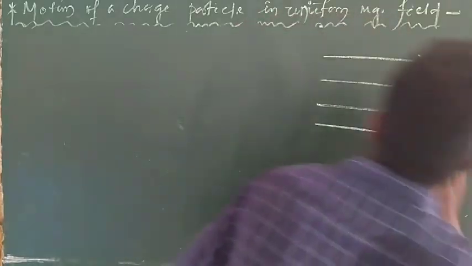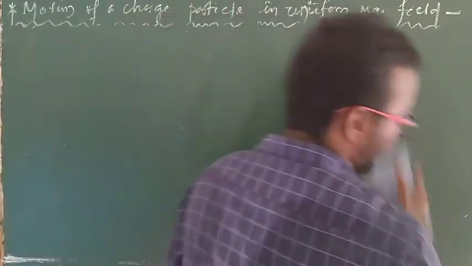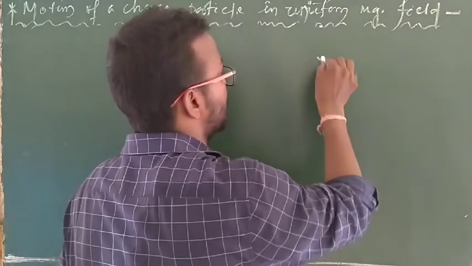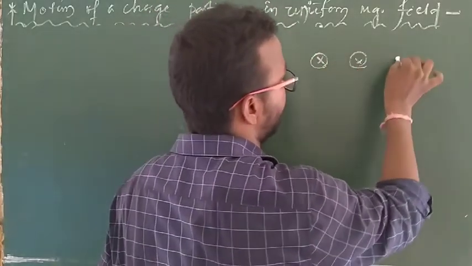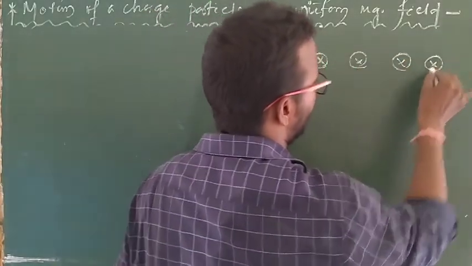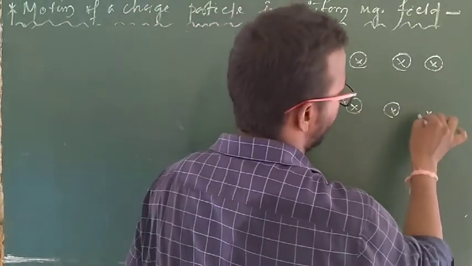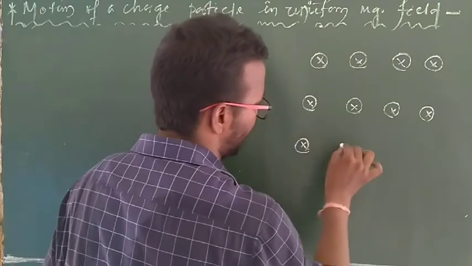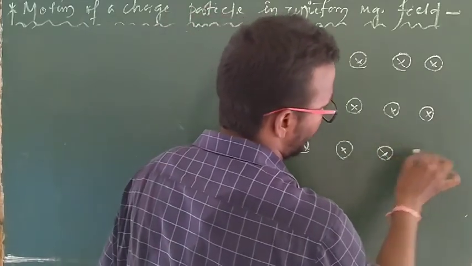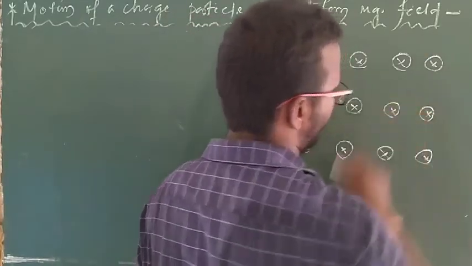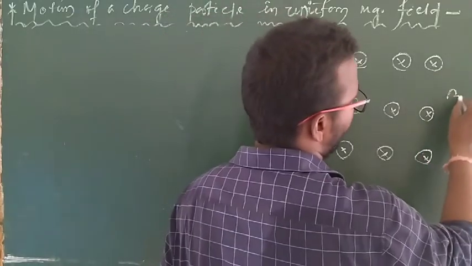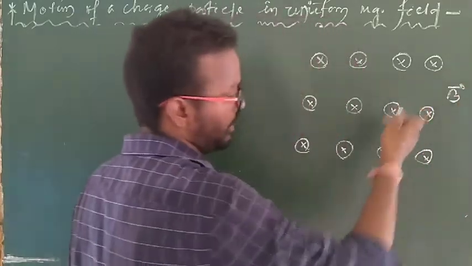Clear? Or we can take another example. Suppose this cross indicates the direction of the magnetic field, which is in the inward direction and perpendicular to this plane. Clear? This is the direction of the uniform magnetic field, which is inward.